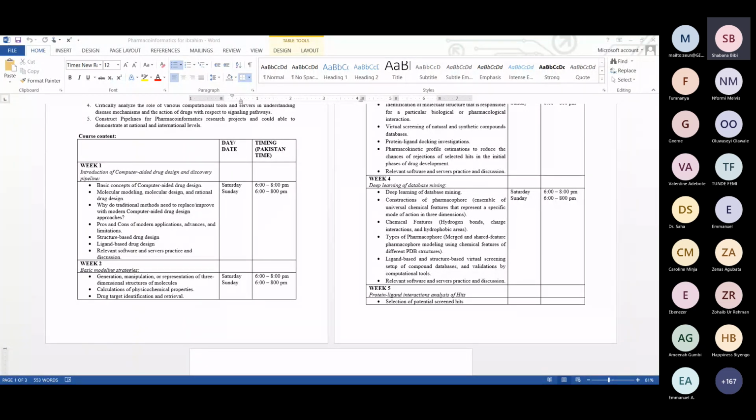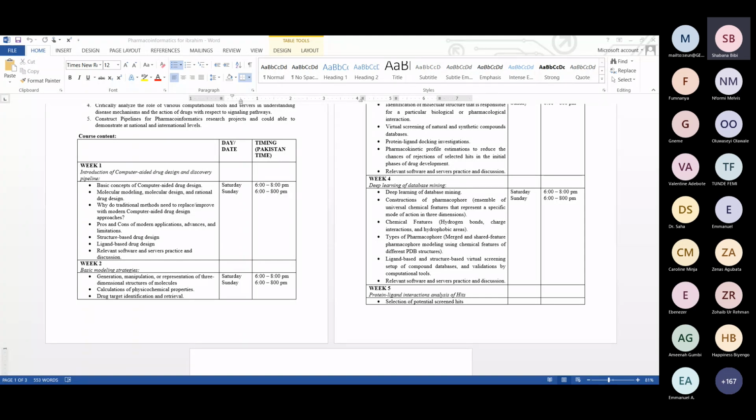And the merit of this computer-aided drug design or pharmacoinformatic approach is that the cost of identification would be low. We are not supposed to go for the synthesis of compounds at the earliest stage of identification. So we would have a chance of more compounds that can be virtually identified.